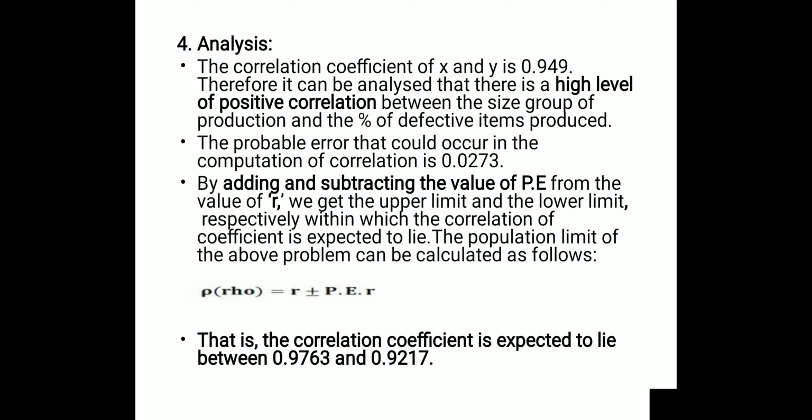Now we have to calculate the limits of this correlation coefficient by adding and subtracting the value of probable error from the value of r. That is, r plus probable error gives us 0.9763, and r minus probable error gives us 0.9217. The value of r has to lie between these two values to be a significant value of correlation.